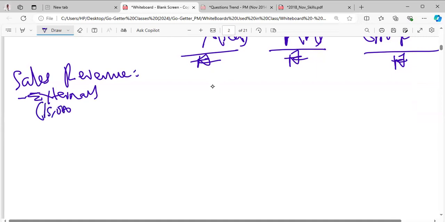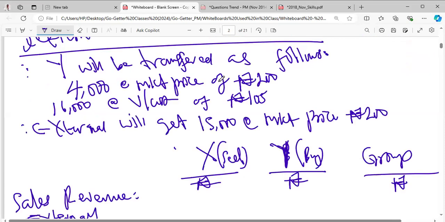They cannot get the whole 19,000 that they demand because Y must buy from X, and it means the whole 20,000 Y needs must go to them. So they will short the external market. But now we split it. That shortage from the external market, that 4,000, will be demanded at market price. So this 15,000, they are selling to the external market at the normal 200, and we've got that to be 3 million from our last sales calculation.